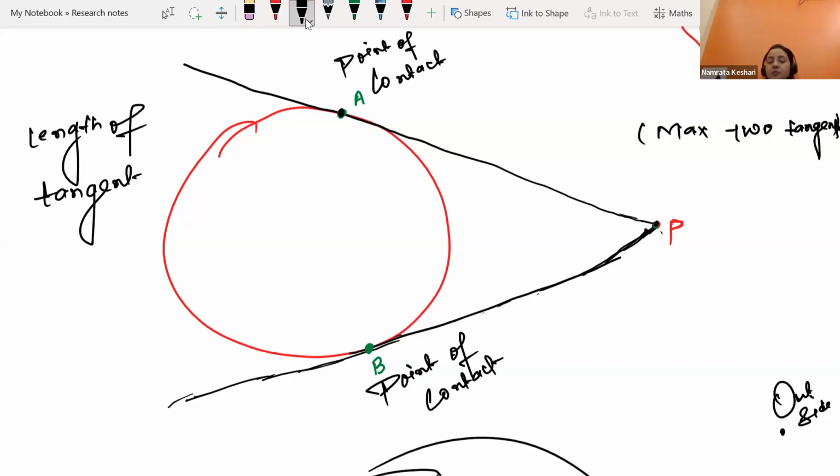One is PA, another is PB, and length of the tangent will be PA. ऐसा नहीं है कि हम इनफाइनाइट तक ये tangent, ये जो लाइन है, ये लाइन जाते ही जा रहा है इनफाइनाइट तक, तो लेंथ कौन से लेंथ की बात कर रहे हैं, स्पेसिफिकली हम PA की बात कर रहे हैं, जहां पे टैंजेंट सर्कल को टच कर रहा है पॉइंट ऑफ कांटेक्ट से लेकर जो एक पॉइंट ऑलरेडी दिया हुआ था उस पॉइंट तक का डिस्टेंस जो भी है उसे हम from now onward we'll be saying the length of the tangent. PA is the length of the tangent and PB is the length of another tangent.